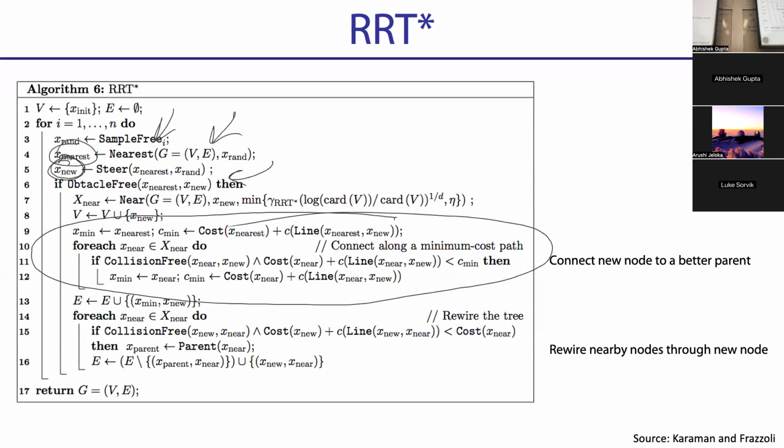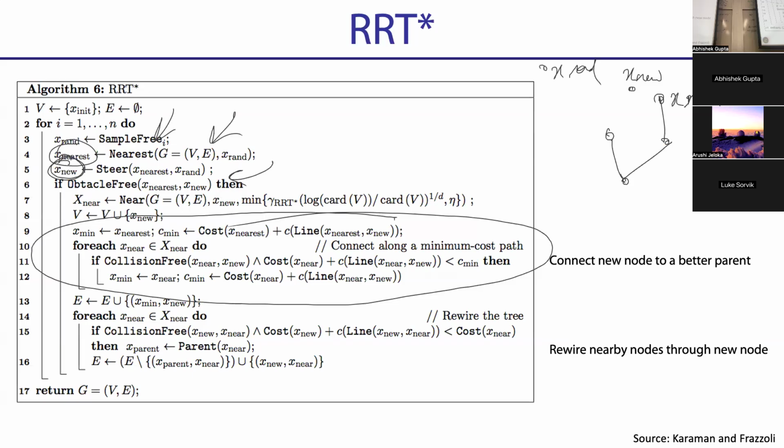So imagine that, let's try and draw an example. So let's say this was X near, this was X rand, and let's say your tree actually went like this, and let's say this was X new. Okay.